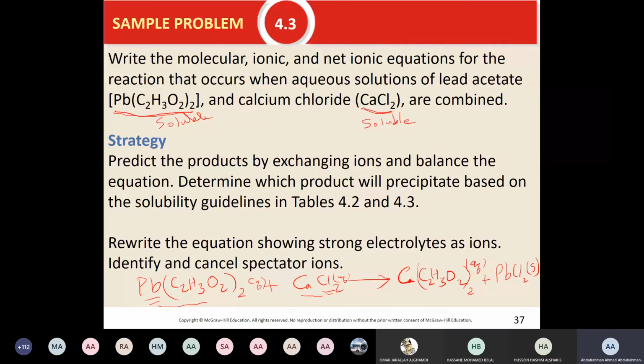All right? And that's why we're going to have it like this. It's already balanced. What do you call this equation that I just wrote? Molecular equation. Can you write the ionic equation? Yes. Go ahead. Write it yourself, quickly.